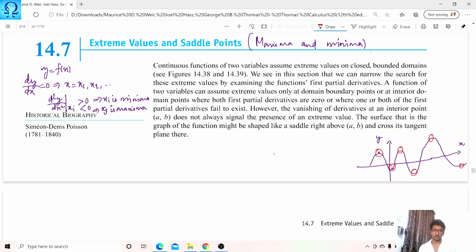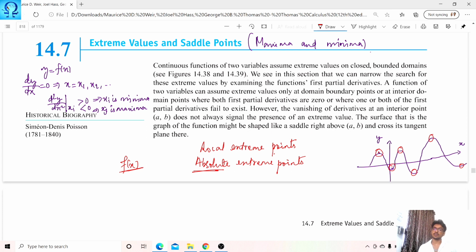Yes, there are two concepts: local extreme points. When I say extreme points, it means both maximum and minimum. And absolute extreme points. Your absolute extreme points of a function are unique values. Of a function, I mean the value of f of x, not the value of x.